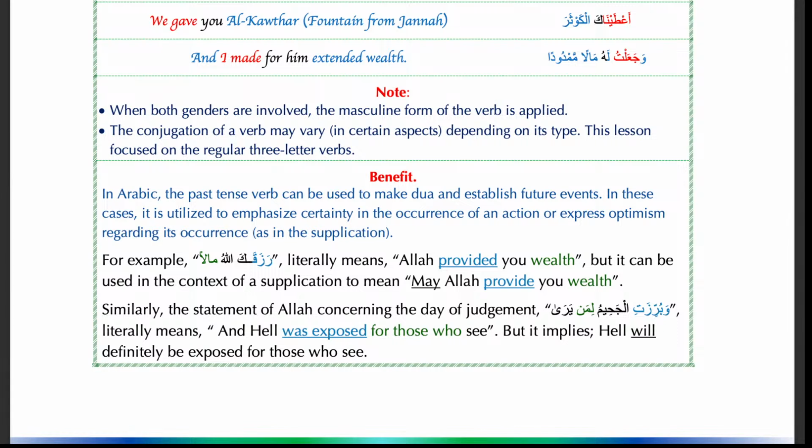And masakin is going to be nahnu masakin, we are poor. Hum masakin, they are poor people. You have to add something. But that's the word. You have a lot of words like that.